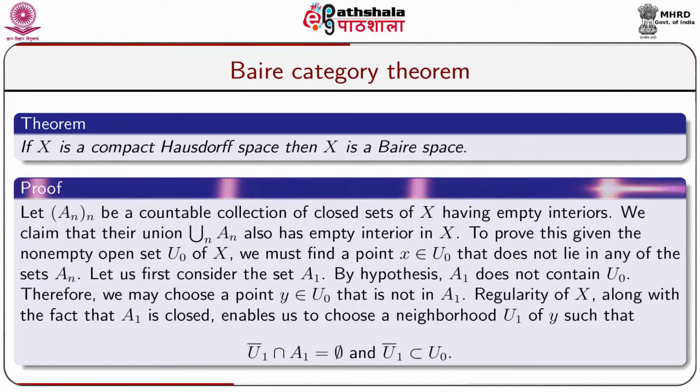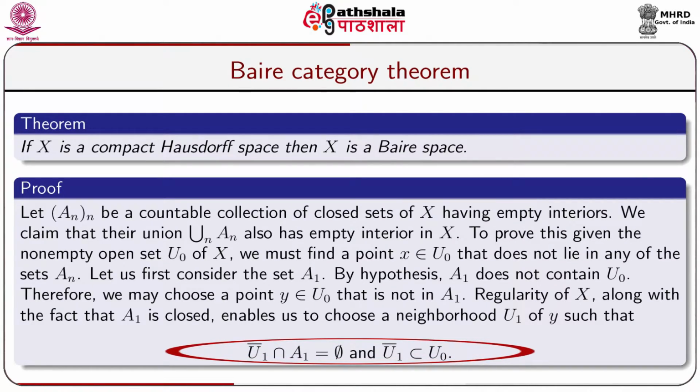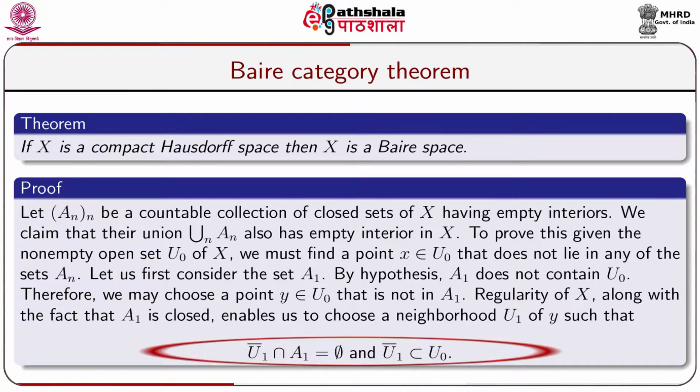So, by the regularity criterion, we can find an open set U_1 whose closure is contained in the open set considered here. That means we can choose a neighborhood U_1 of y such that the closure of U_1 intersection A_1 is the empty set and the closure of U_1 is contained in U_0.